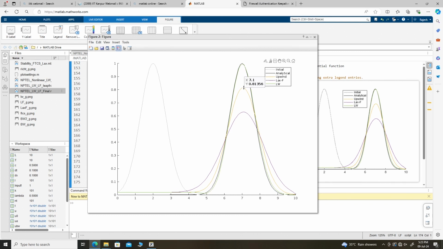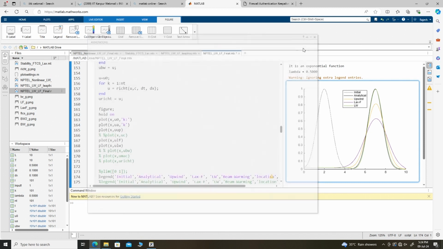I am plotting at a particular time. Lax-Friedrichs has even more dissipation because of the high dissipation that we have in Lax-Friedrichs, and that is why it is most stable also, but Lax-Wendroff is maintaining almost the analytical one. So, that is what we found here.